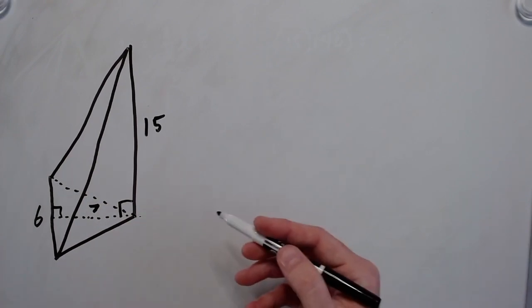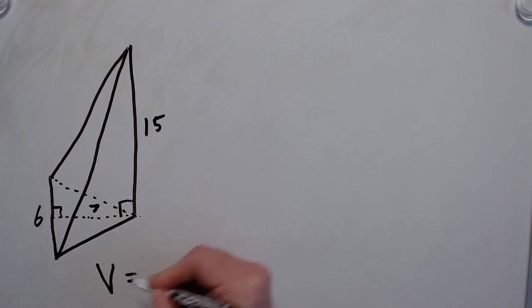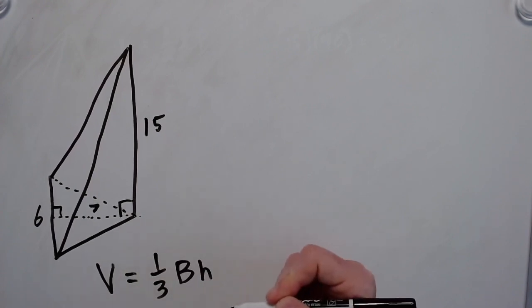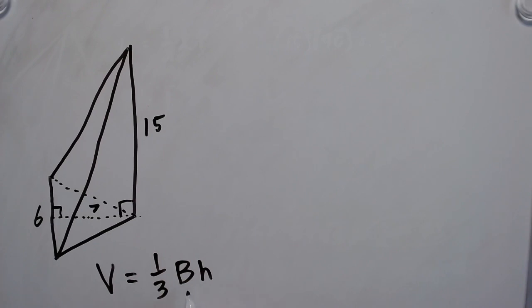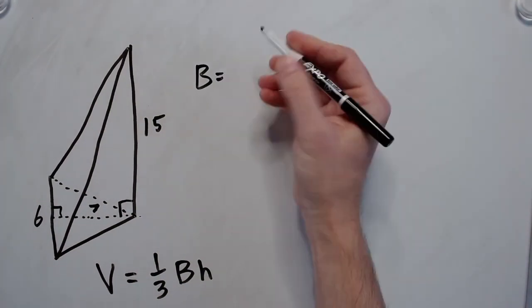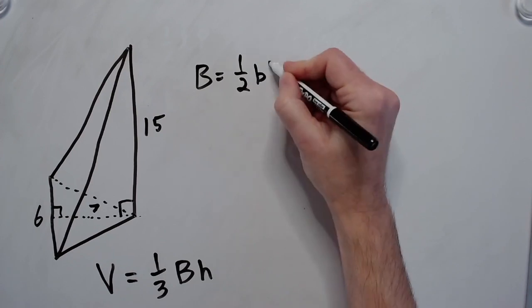Remember, from our theorem 94, let's put it down here, the volume is equal to 1/3 the base area, big B, times the height. Okay, so first let's find the base area. What is the area of this triangle? Well, the base area, the area of this triangle, is 1/2 little b times h.